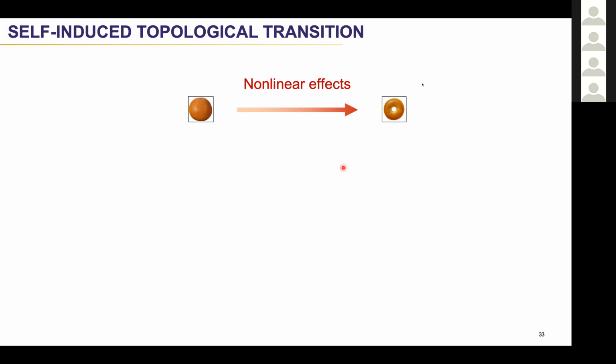Now, the question we asked was, can we use nonlinear effects? Can we use amplitude dependency in the system to go from this state to this state in one single system without changing any other parameter, just changing the amplitude or just pumping the energy in the system? And can we change the topology?